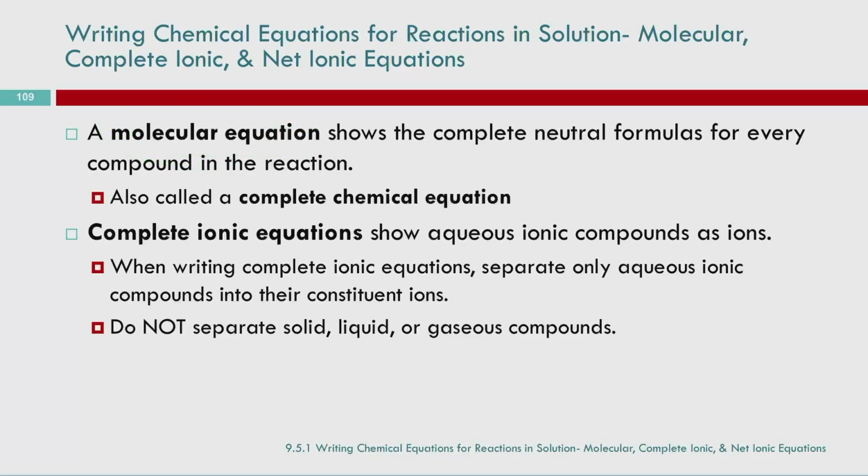Our molecular equation shows complete neutral formulas, just like molecules are neutral. So we're showing no charges. We could also call this a complete chemical equation. This is what we've been looking at. We've exclusively seen molecular equations, complete chemical equations.